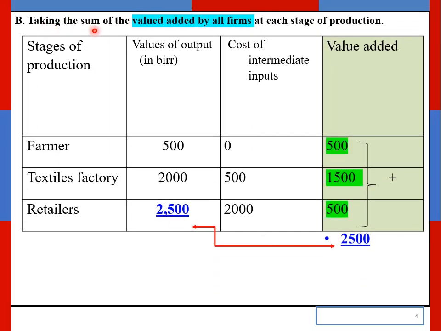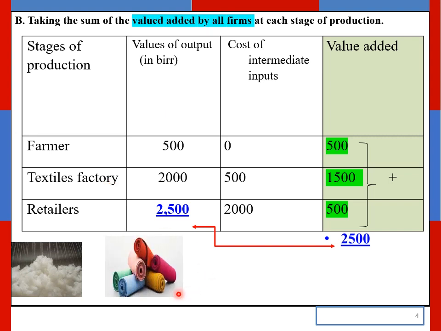The second one is taking the sum of value added by all firms at each stage of production. We assume there are three stages of production. Here we have the farmers, the textile factory, and the retailers. Assume the farmer produces the cotton and then sells this cotton to the textile factory. The textile factory converts this cotton into clothes and sells these clothes to the retailer.